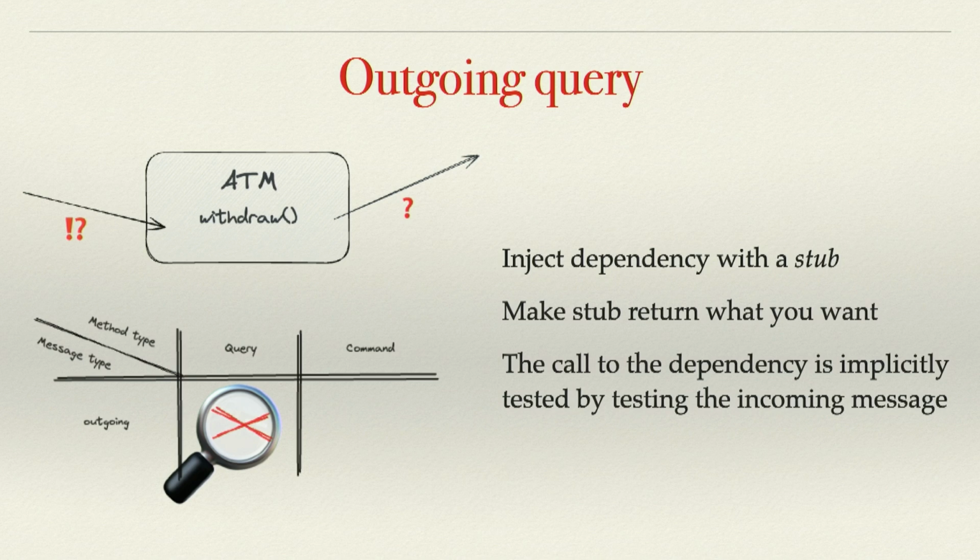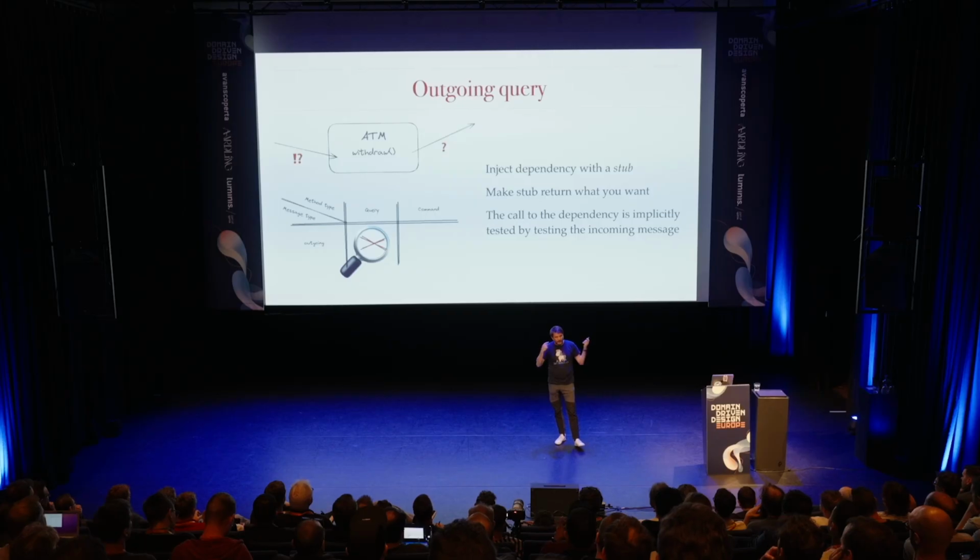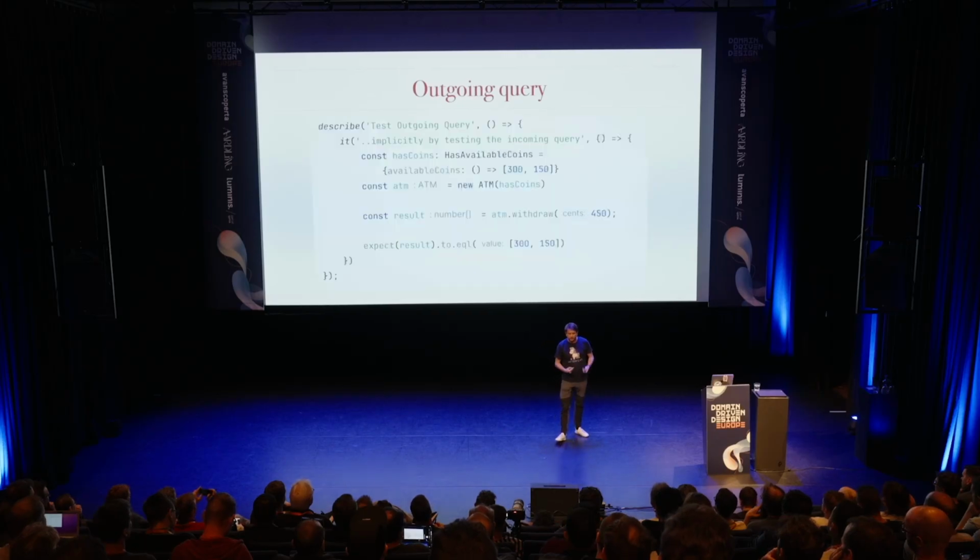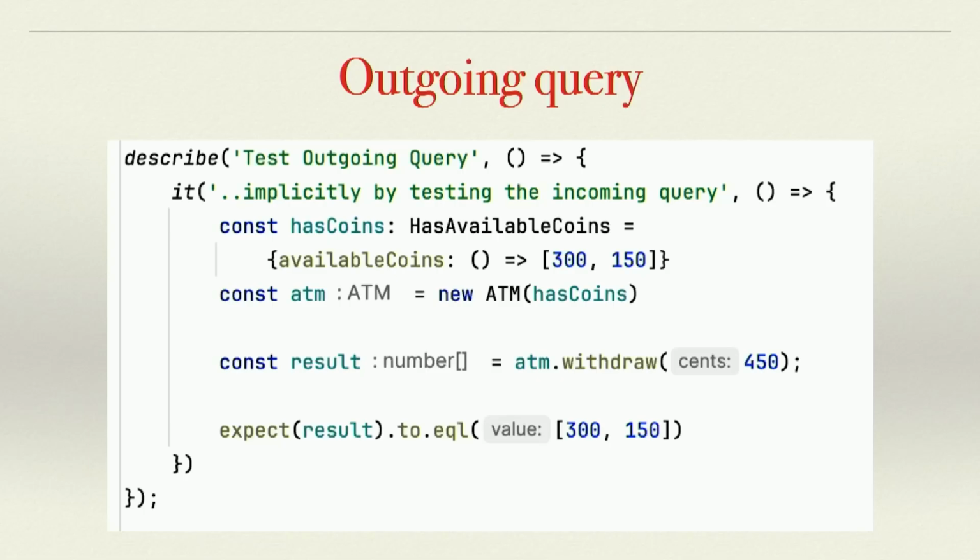So what we do is we inject a dependency with a stub. Make the stub return something sensible. And then the call to the dependency is implicitly tested by making the original call. So we test the outgoing query implicitly by testing the incoming query.